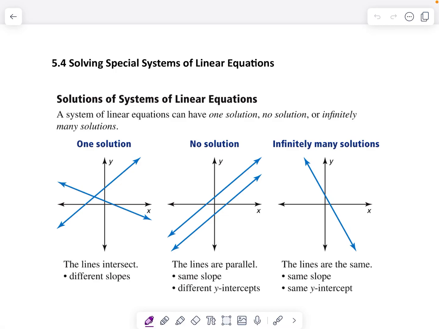All right, today we are going to be still solving systems of equations, but we're going to look at some special cases. So far this chapter, every time we solved a system of equations, we've always gotten one solution. So in fact, all of our problems have looked like this.